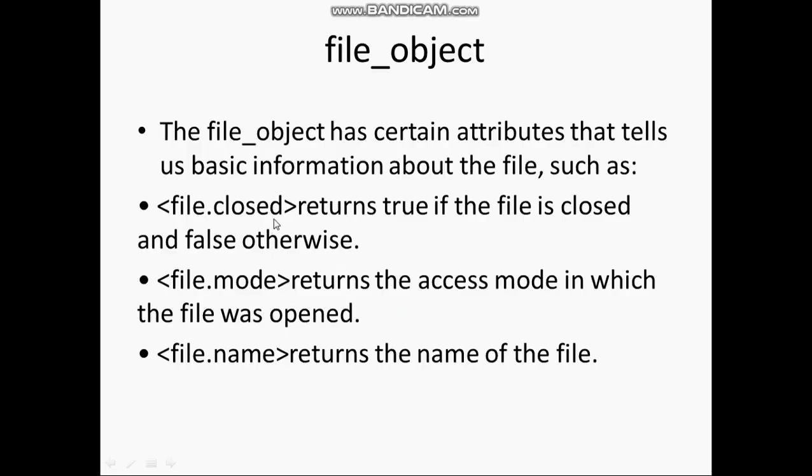Number one, this statement returns true if the file is closed and returns false if the file is not closed. This statement returns the access mode for which the file was opened. This statement returns the name of the file.